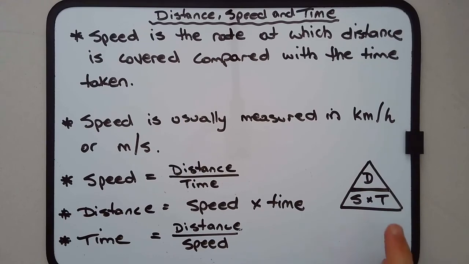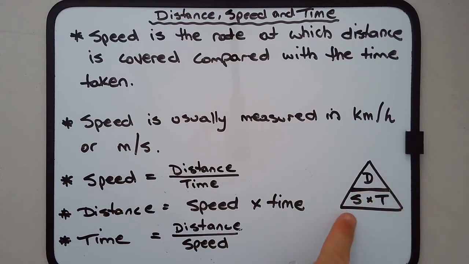Let's say you wanted to find the time taken for the car to cover a certain amount of distance. If you put your finger on the time, so cover the letter that you're trying to find, if you're trying to find time t, if you cover the t, t is equal to d over s. That's what that line's for in the triangle, d over s.